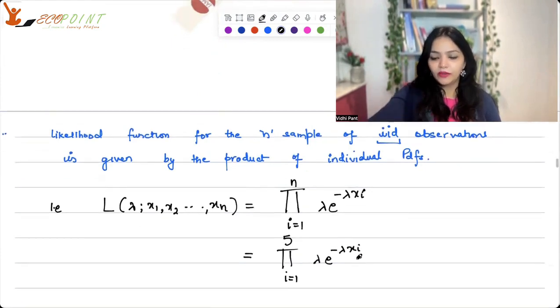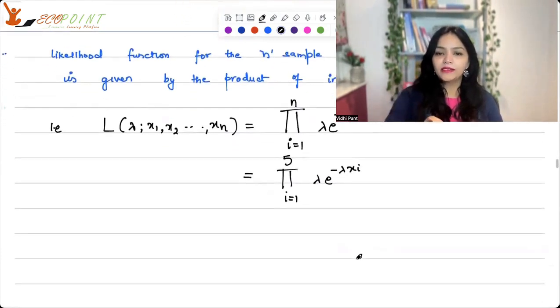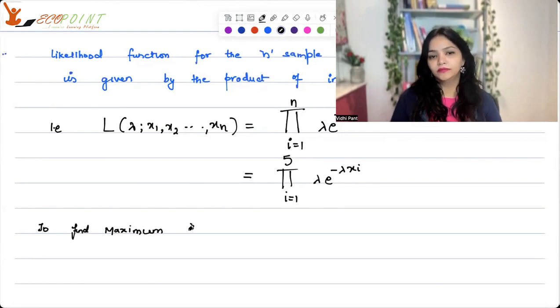To find the maximum of this likelihood, we take log.